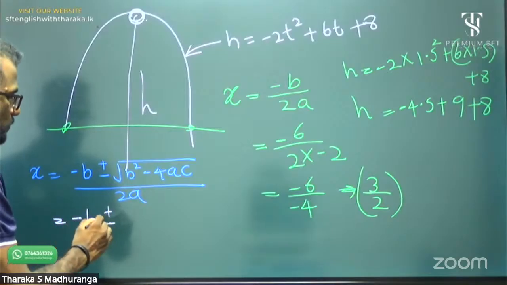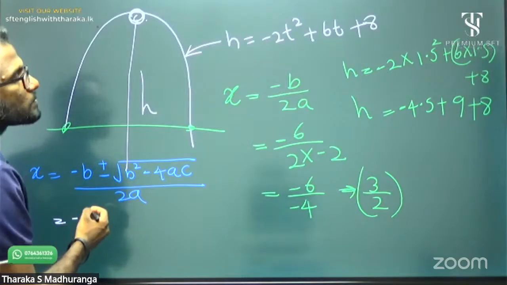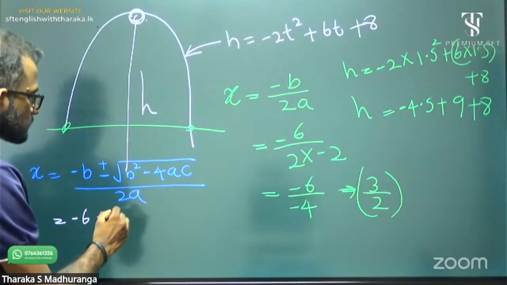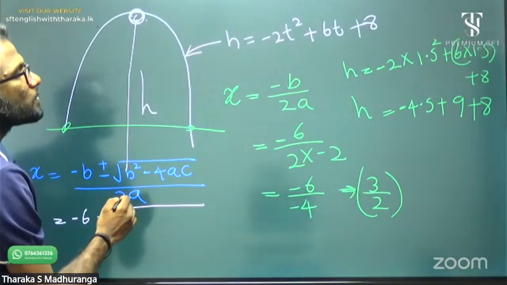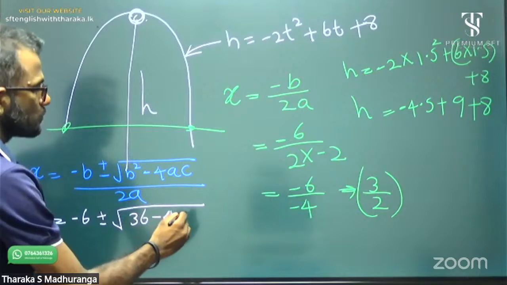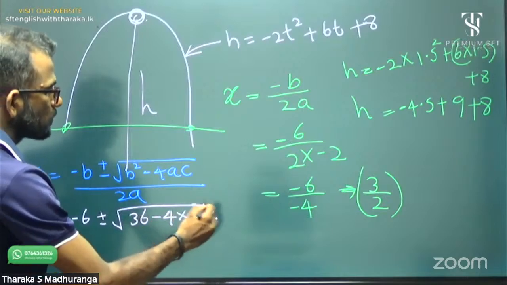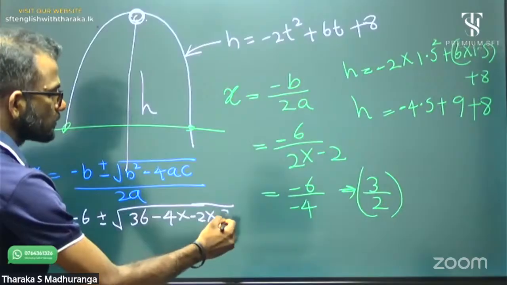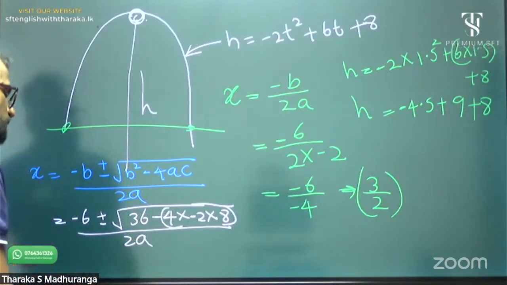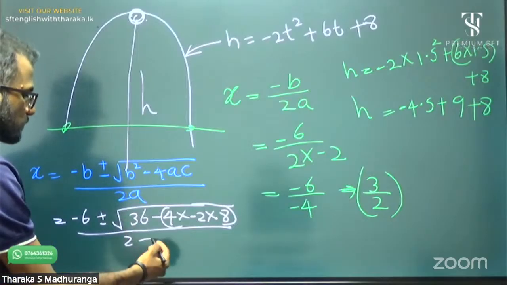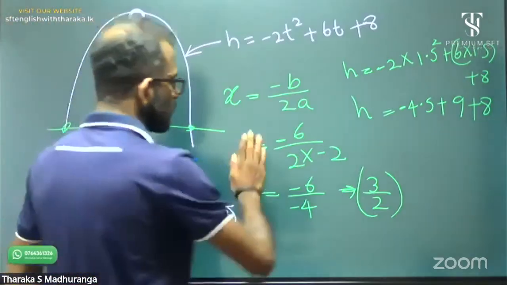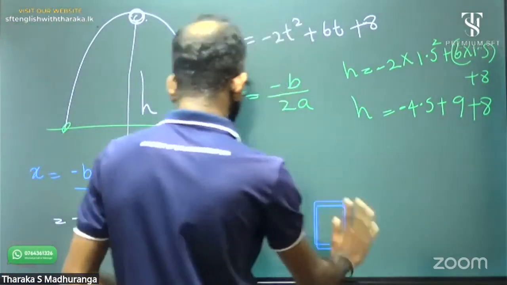Minus b means minus 6 plus or minus. b squared means 36, minus 4 into minus 2 into c, which is 8, divided by 2a. 2a means minus 4.